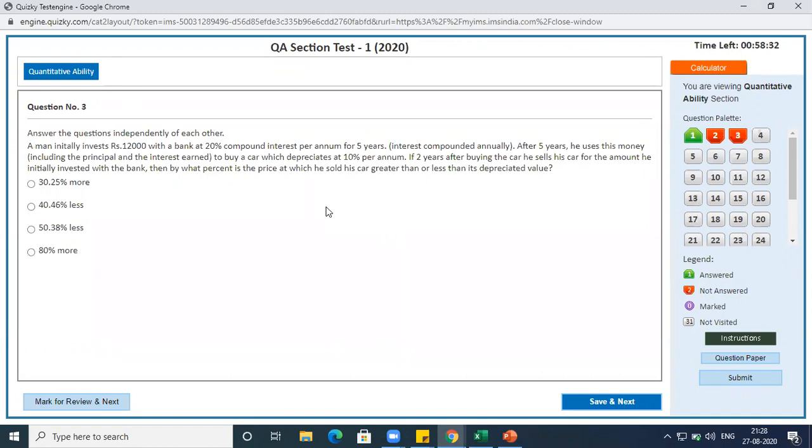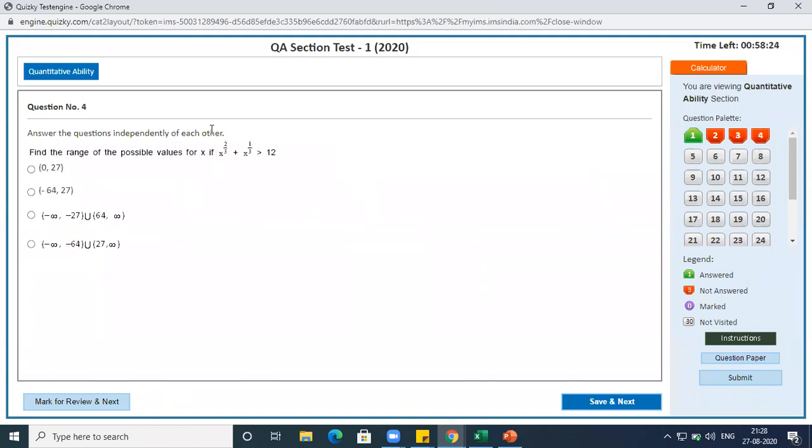Next question, round 2. Independently of each other, find the range of the possible values for x if. The way I attempt these questions is I look at the options and try to fit in values. So x to the power 2 by 3 plus x to the power 1 by 3 is greater than 12. If I put x as 27, this will be 3 squared, 9, plus 3, 12, not greater than 12.